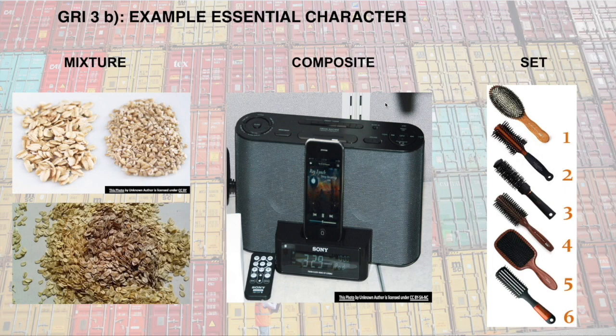Our third example, a set. You can see it there on the left of the slide. A set, understanding GI 3 letter B, the term goods put up in sets for retail sale means the good being considered must comply with these two points. First, a set consists of at least two different products.